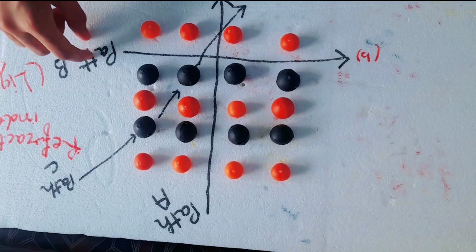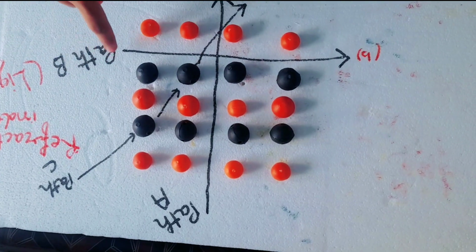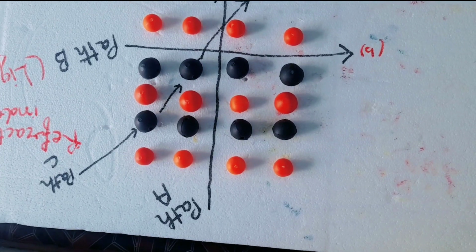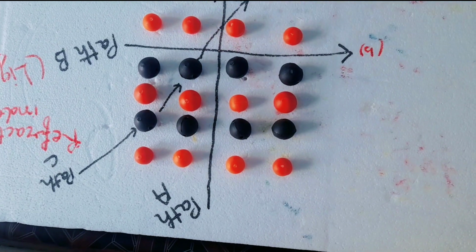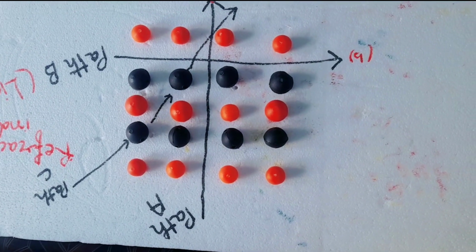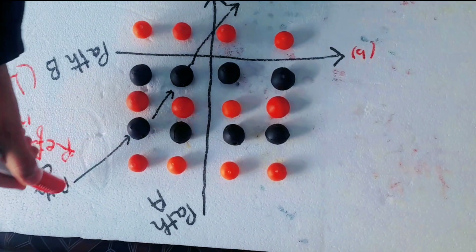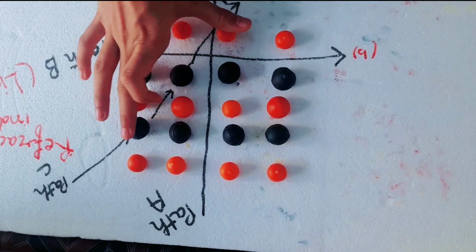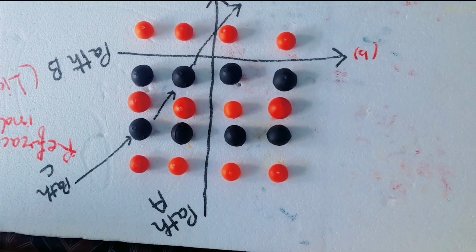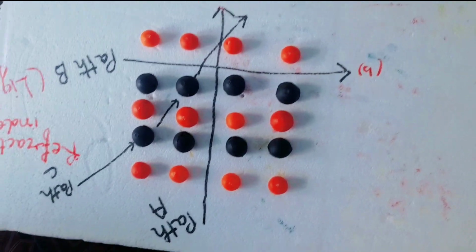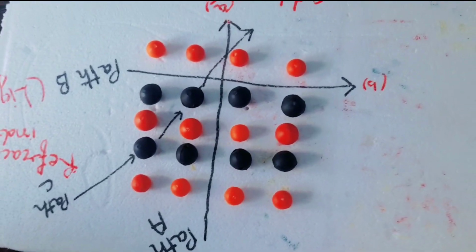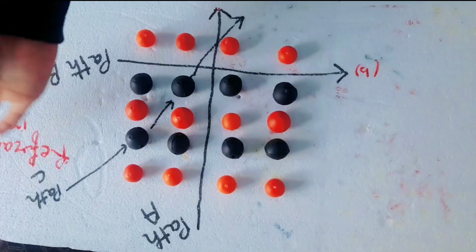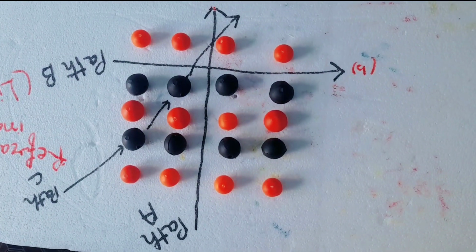But in path B, the particles in the first row are all black and in the second row all orange. In path C, the particles are of different colors and the light will travel at a different speed because objects are coming in the path.